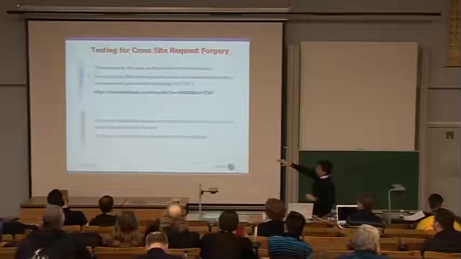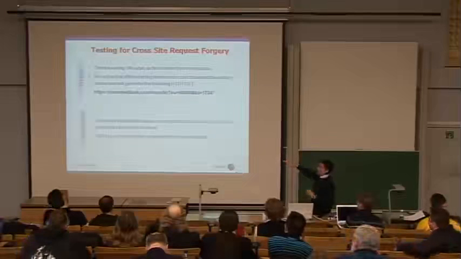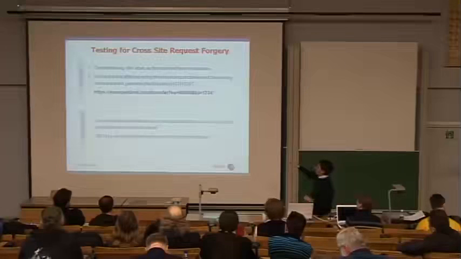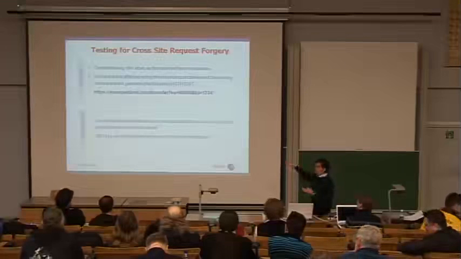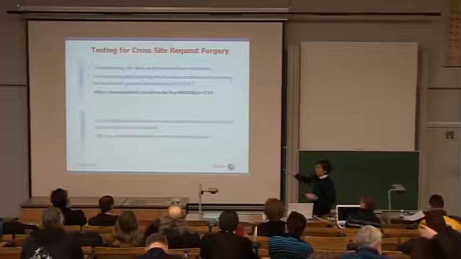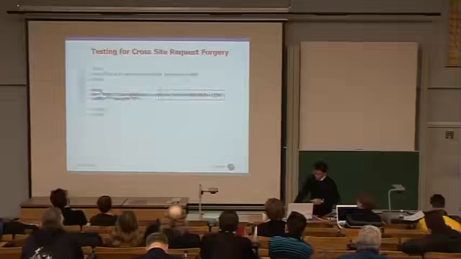The second step is that the user must be authenticated on the application. The user who is subject to the attack must be authenticated on the application, and then I force him to make this HTTP request using the image tag. Here is the example.